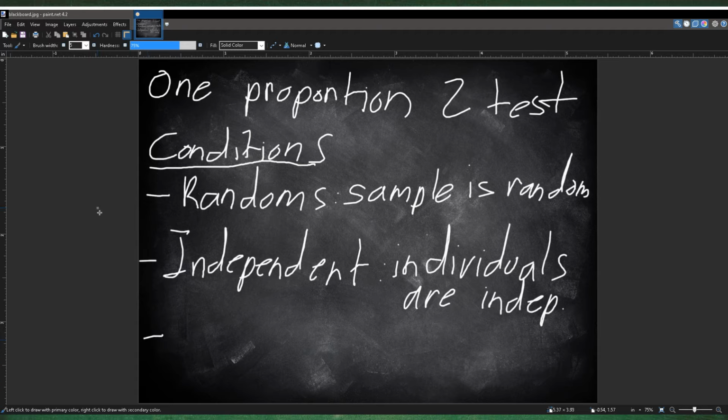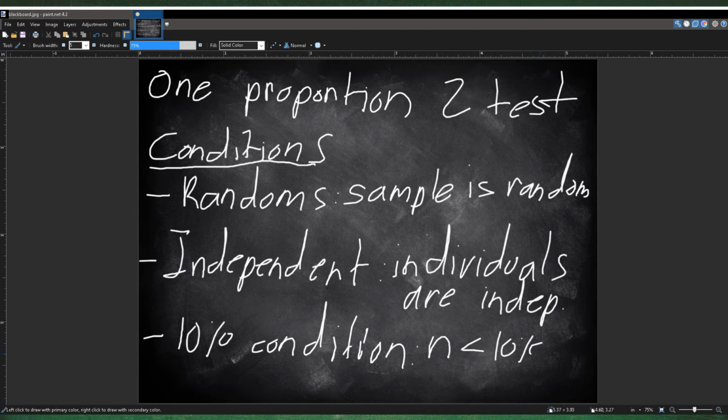And then there is the 10% condition, which basically states that your sample size is less than 10% of the entire population you're measuring. So, let's say you're taking 50 students from a high school.